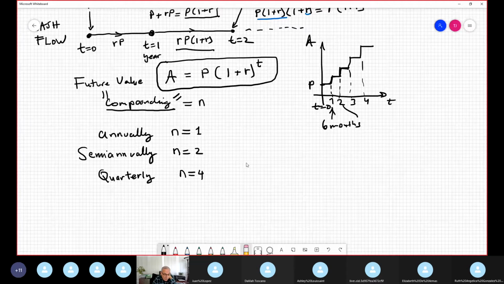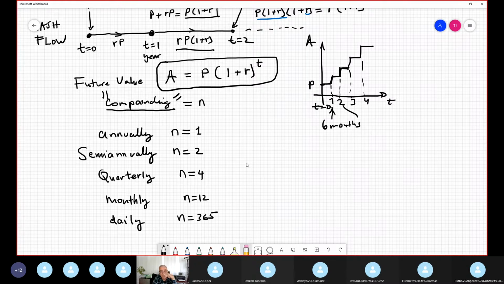For example, monthly is 12, because that depends on the account you create. There is a compound interest with the compounding monthly, or weekly, or daily. No, daily is crazy. Daily is 365. Okay, my stairs in 1 year have 365 steps.